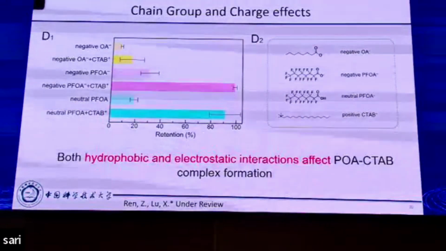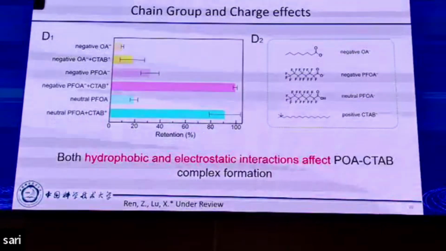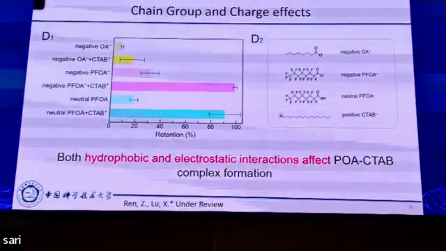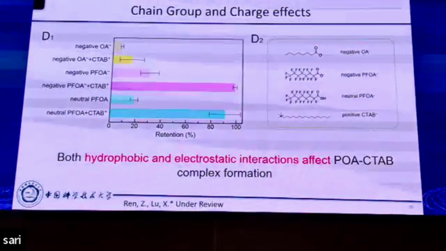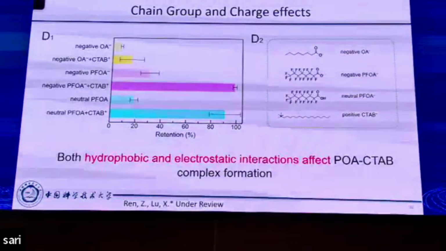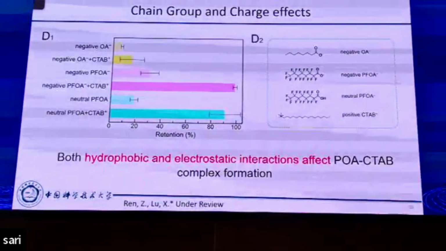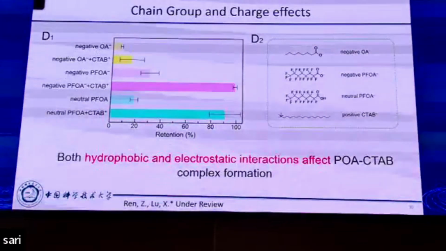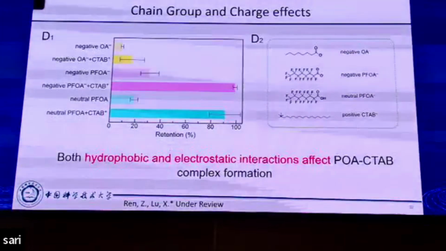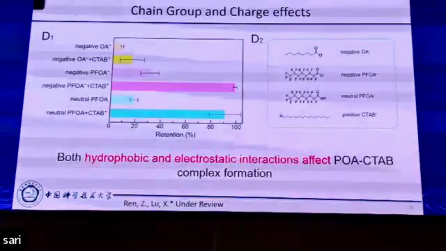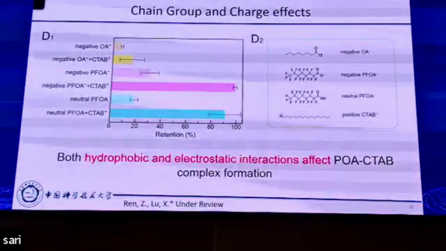This shows that the hydrophobic interaction between CTAB and the PFOA molecules plays a major role in forming the micelle, which determines their subsequent rejection by the UF membrane. I also have other data which shows that the electrostatic interaction also plays some minor role here.